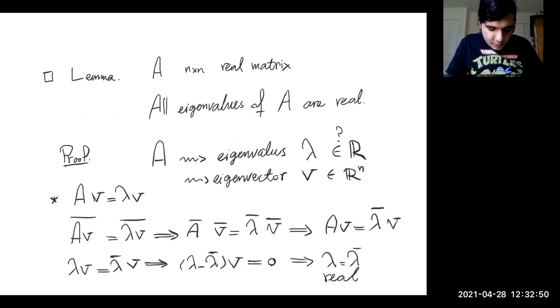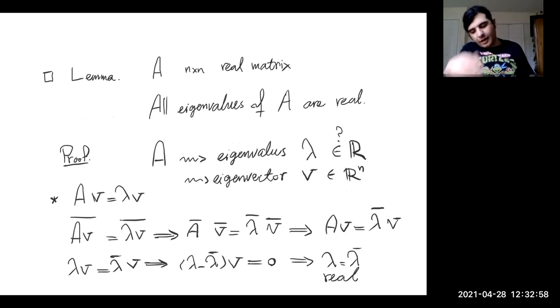Yeah, I think I want to address your question. So you are saying maybe the eigenvector is also complex. You are right. I think that is possible. So yes, we also should show the vector v is in R^n. This point is correct. So let's go one step further and show both of them are real.